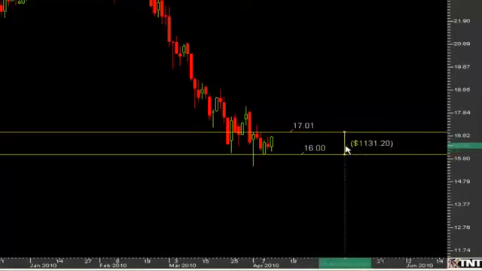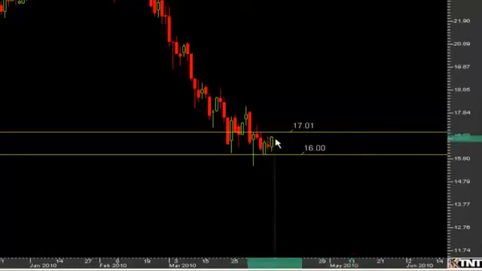The other thing that I look for is I look for the market open. I do not like to see the market open beyond my entry. In fact, I like to see it open at least a few ticks below my entry, and preferably not too far from the previous day's close. And what does that do?